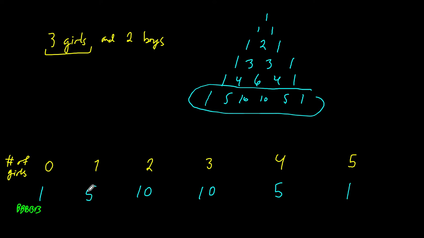Now, how can you get 1 girl? There are 5 ways. It could be that the girl is the eldest. It could be the girl is the second child, so we write boy, girl, boy, boy, boy. The girl could be exactly the middle child, boy, boy, girl, boy, boy.